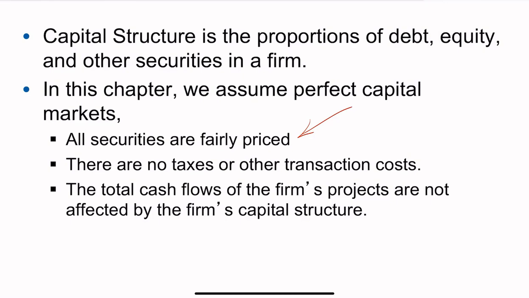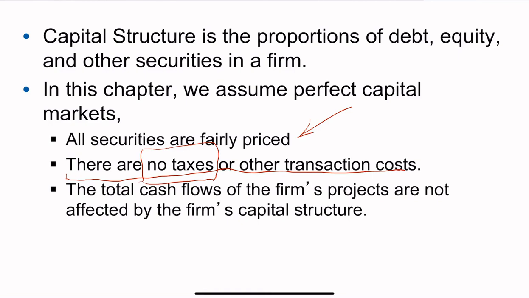And second, we need the assumption that there are no taxes and other transaction costs. And the key here is no taxes. A lot of the choice of capital structure will be about how taxes will affect your choice. So by assuming no taxes, we're really making our life easier.